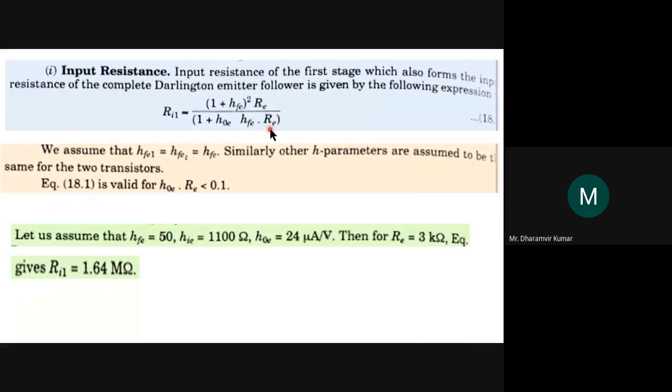So for Re of 3 kilo ohms, this will give us a value of Ri1, the input resistance, at around 1.64 mega ohms. Mega means 10 to the power 6 ohms, a very high value. So the input impedance of this Darlington pair is very high, and this is also verified from this example.